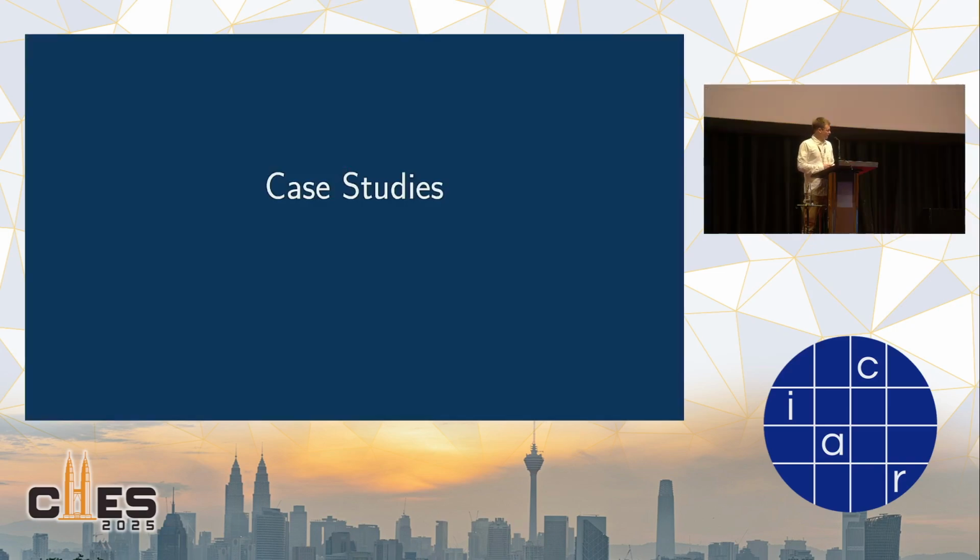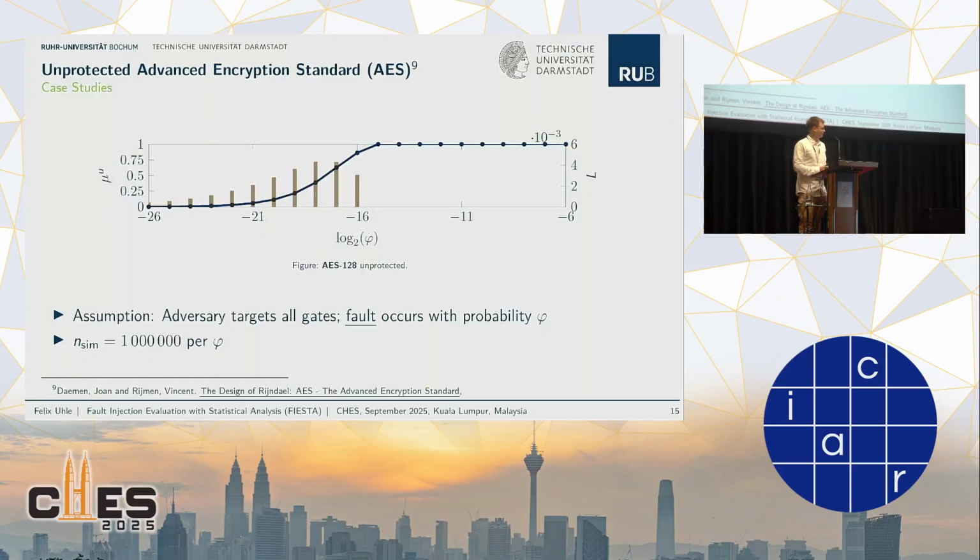Okay, we also did some case studies on different protected AES implementations. This here is our baseline, an unprotected AES. Again, on the x-axis are the probabilities with which an independent fault occurs, again on a logarithmic scale.